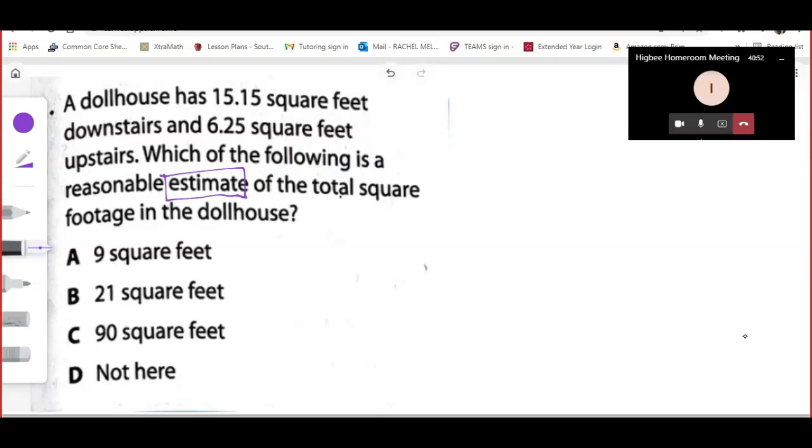So do we want the real answer? No, we don't. Okay, so downstairs is 15,500 square feet, and upstairs is 6,500 square feet. If I want to find the total square feet, what do I do?